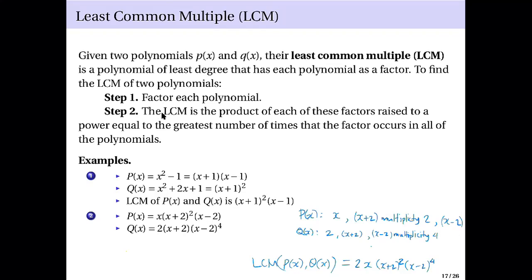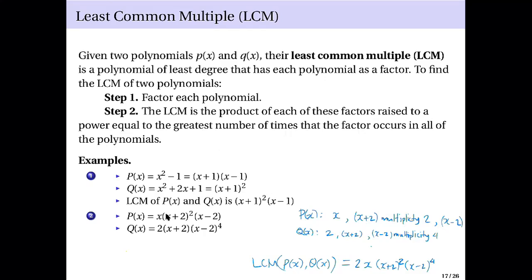So again, the LCM is the product of each of these factors: x, x plus 2, x minus 2, and 2. X plus 2 already appeared from P, and x minus 2 also appeared from P, so I do not have to repeat them. The LCM is the product of each of these factors raised to a power equal to the greatest number of times that the factor occurs in any of the polynomials.